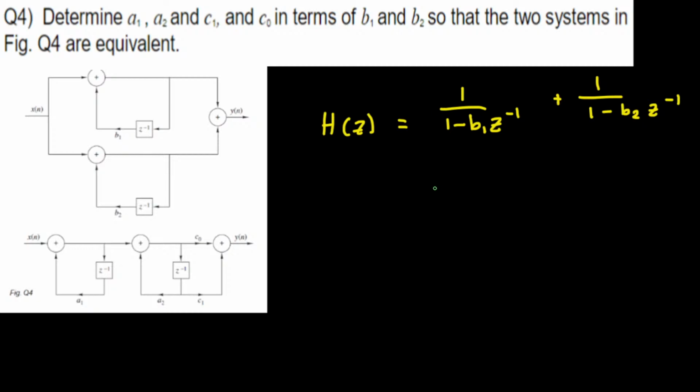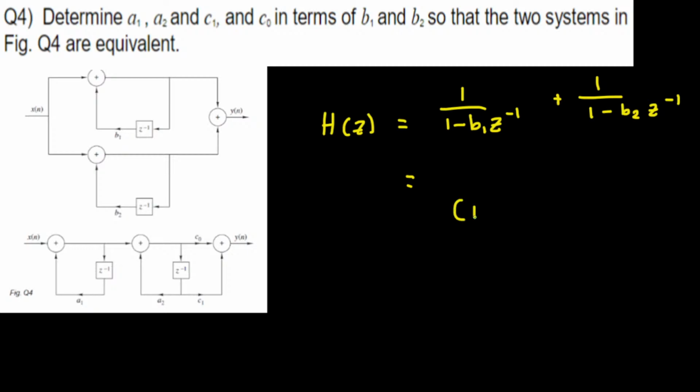Now what we have to do is combine them together. When we compare both of them, we have to combine and bring it into a simple term, so that everything is together. In order to do that, I take the common denominator.